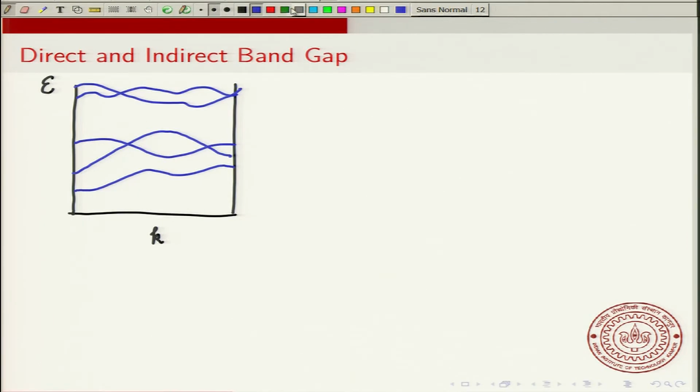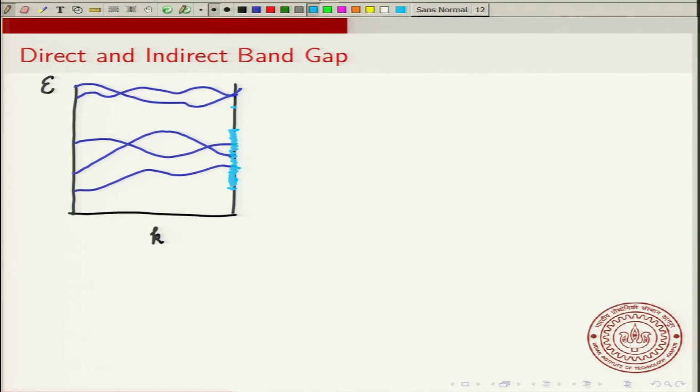Now we see that in this structure there is a band gap. There is a possibility of a band gap in such a material. We see that all through this region there are bands, all the way from here to here. If you go all the way down here, you have this band, then you have these two bands, you have one or more bands in this region.